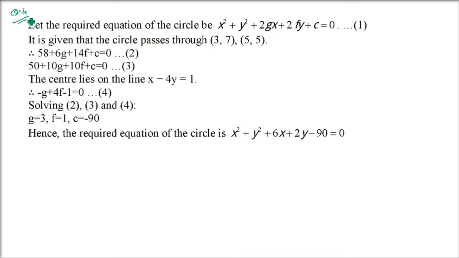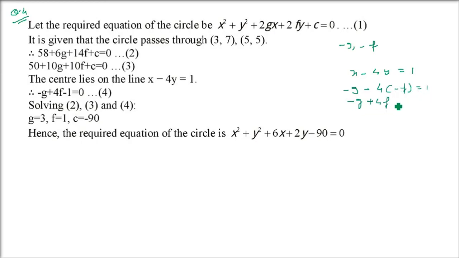Question number 4. Find the equation of the circle which passes through the points 3, 7, 5, 5 and has its center on the line x minus 4y equals 1. Same type of thing is here. Now x minus 4y equals 1 is the equation. Put minus g and minus f, which is the center, in place of x you put minus g, in place of y you put minus f.